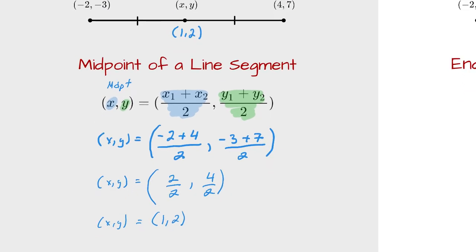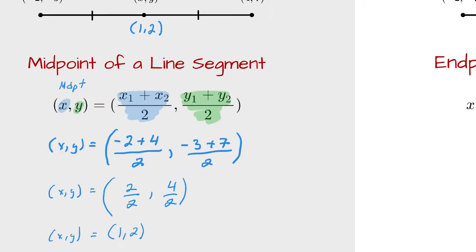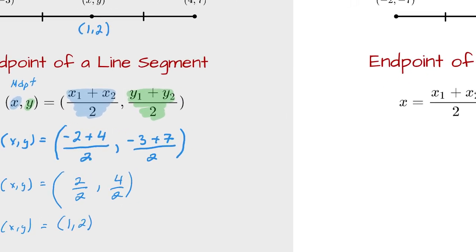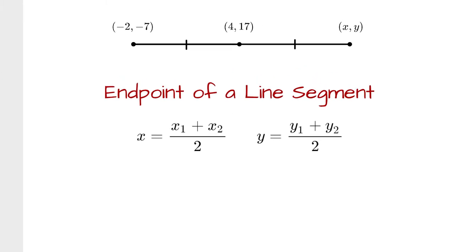So when you're using the midpoint formula to find the actual midpoint, average of the x's, average of the y's. We can take that same information and pull it apart to find an endpoint. So you can see that my x value is the average of the x's, and my y value is the average of the y's.